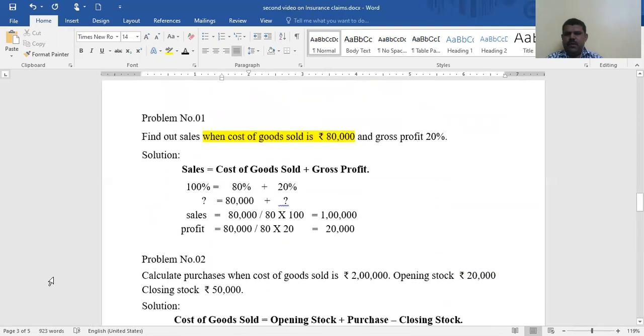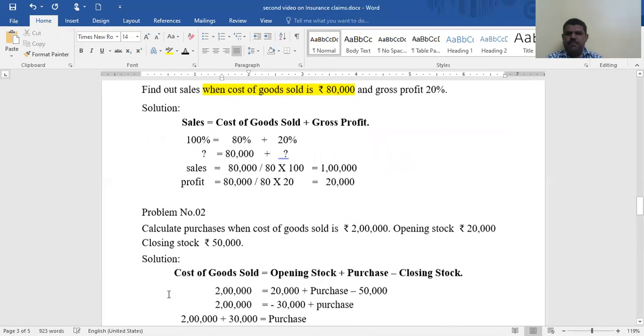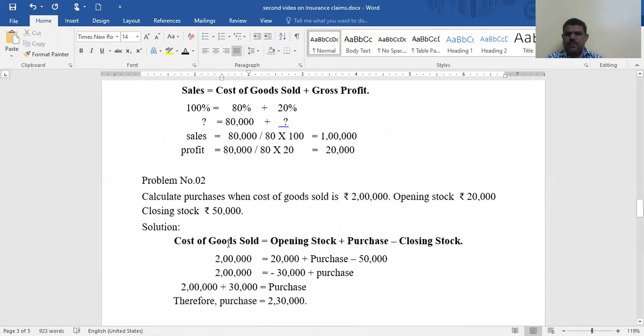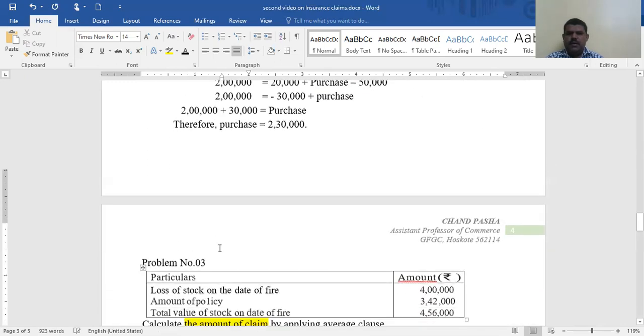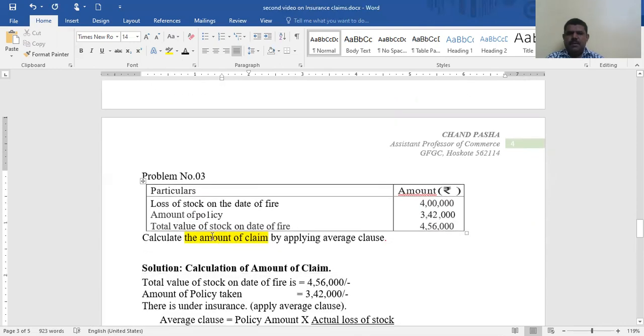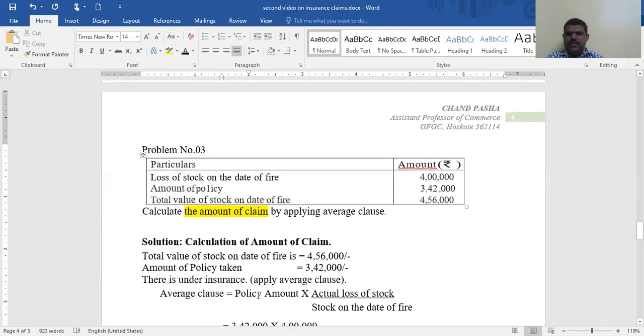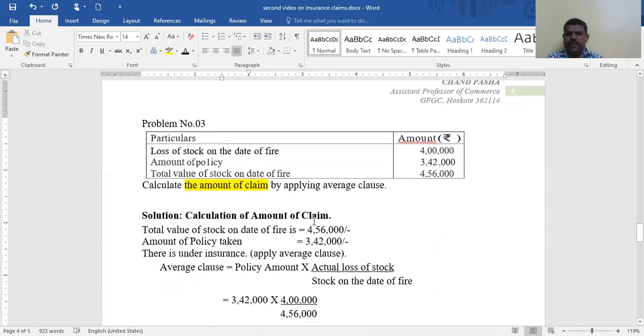Then we did one problem based on the equation of sales, a second problem based on the equation of cost of goods sold, and problem number 3 based on average clause, that is how to find the amount of claim, by comparing the stock on the date of fire and the amount of policy taken. I hope you have understood this much in today's session.